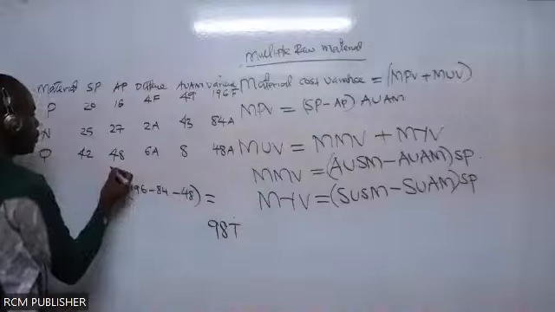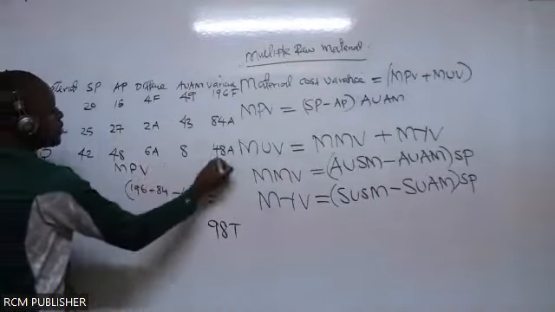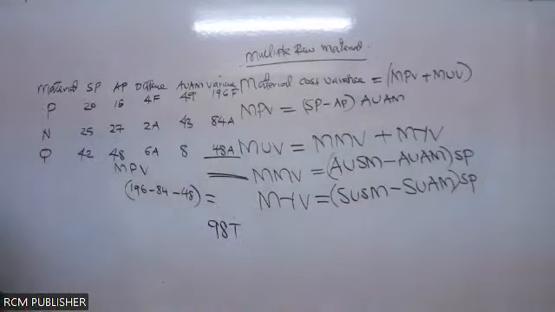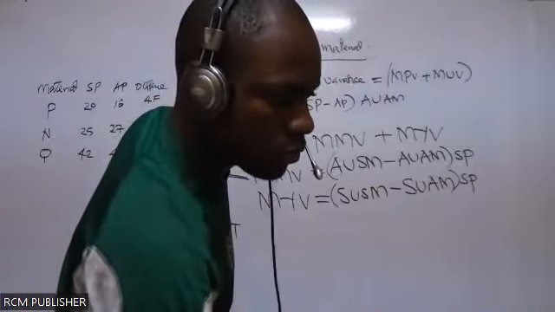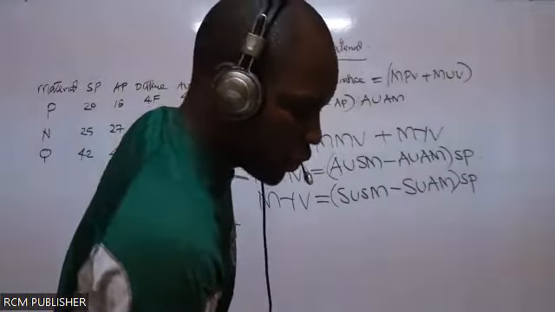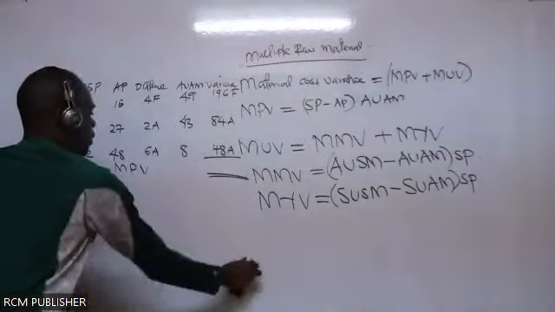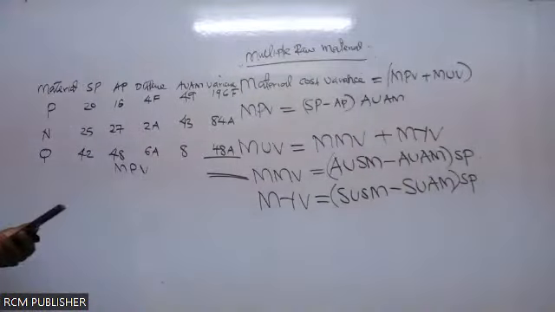So once you do that, material price variance is equivalent to the summation of these ones here. What do we have? Somebody, what will the whole difference be?